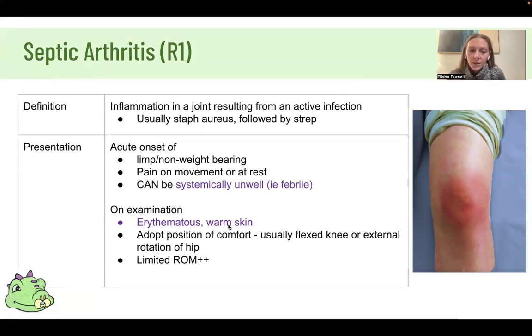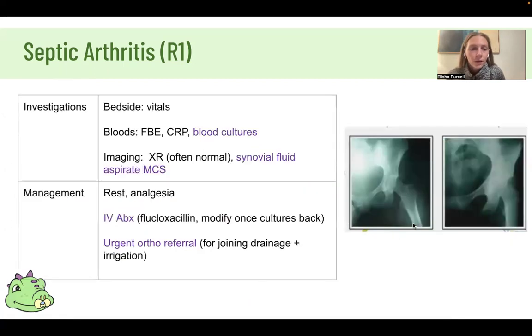And also importantly, differentiate on examination. You get an erythematous, red, swollen joint here that you don't get in osteomyelitis, or in osteomyelitis, if it's red and swollen, it's a very late sign. So key things for septic arthritis: systemically unwell, erythematous, warm, red, hot, swollen joint.